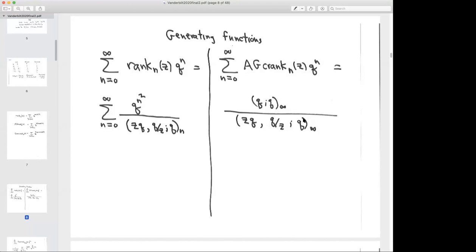And the way Andrews and Garvan figured this out is they started with this generating function, which they knew was a good one. They knew it was good because they knew if you put z to be a fifth root of unity and took all the coefficients of q to the 5n plus 4, you got 0. So they reduced that crank condition to a condition about this generating function being 0 when z was a fifth root of unity.